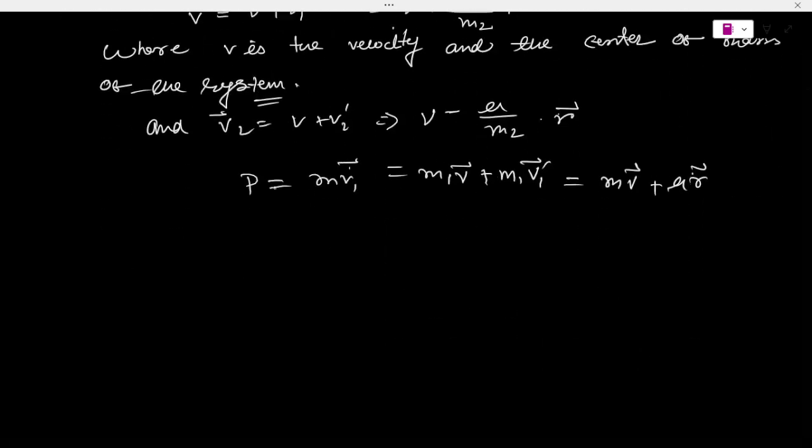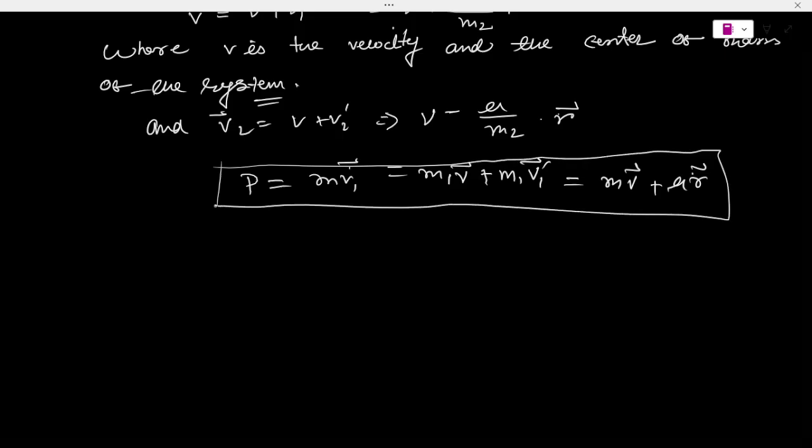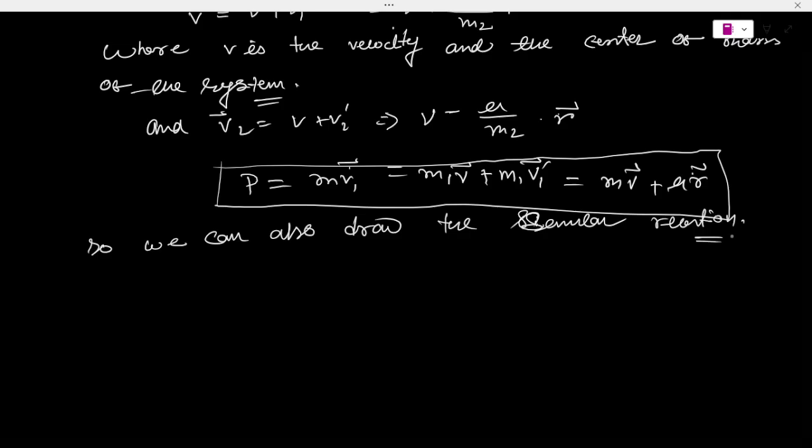So we can also obtain a similar relation between initial velocities and momentum. We can also draw the similar relation in classical mechanics, in the velocities and momentum.